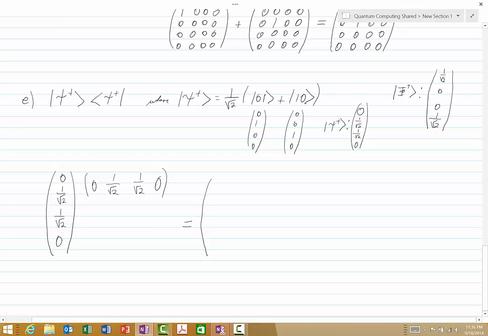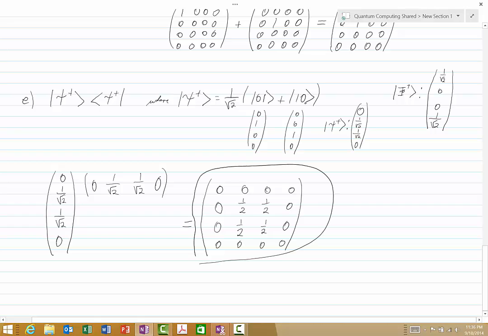For the first row we get 0, 0, 0, 0. For the second row we get 0, 1 half, 1 half, 0. Then for the third row 0, 1 half, 1 half, 0. And finally for the last row 0, 0, 0, 0. So this is the correct answer to this problem.